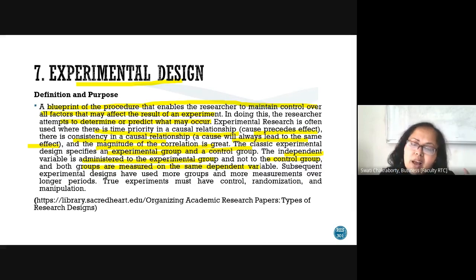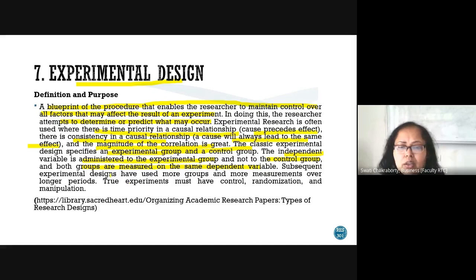So we give one group an apple to eat every day, one group we do not. The group to whom we give the apple is the experimental group, and the group to whom we do not is the control group. And then we try to see how many times each group goes to the doctor's clinic.